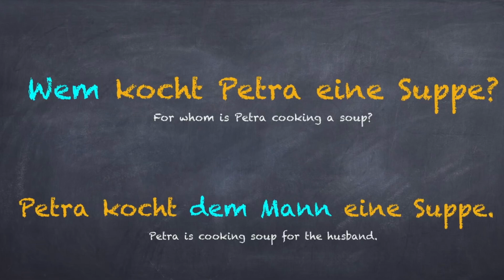Petra kocht dem Mann eine Suppe. As you have noticed, the indirect object, dem Mann, is also the dative object here. The question word which is used here is wem. So basically, wem is used to ask about a dative object in a sentence.